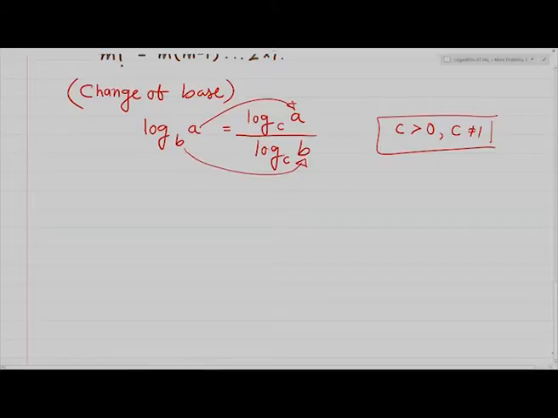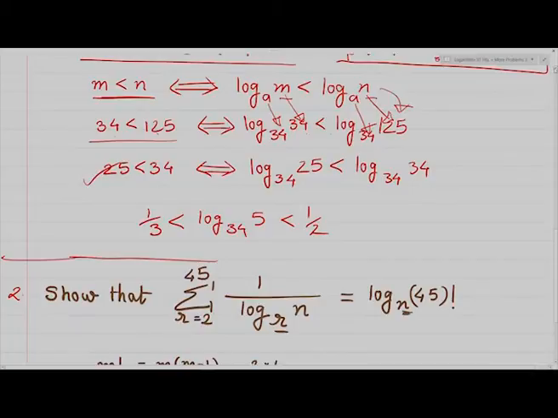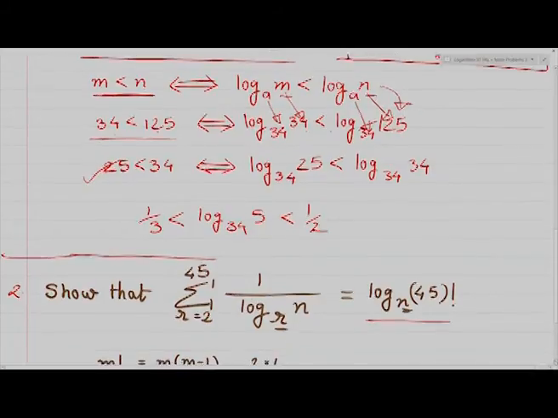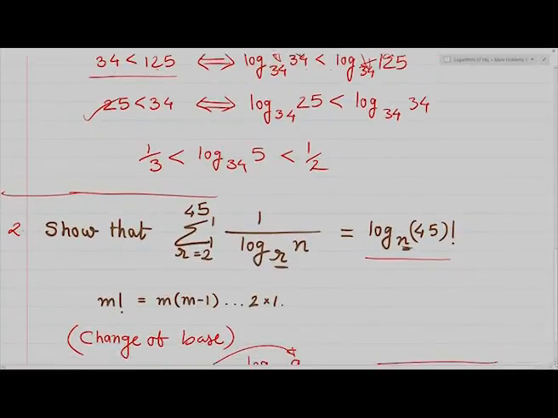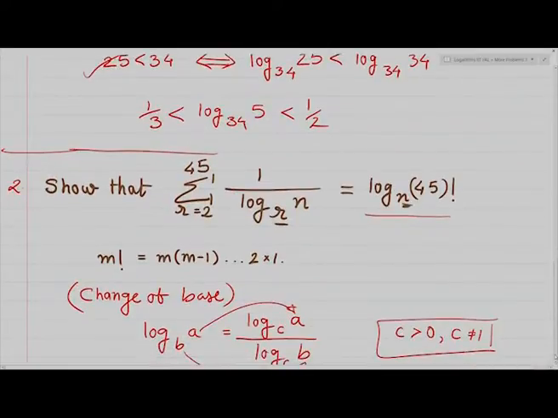Now if I take LHS, the problem is very simple, but you will miss out on some points. So let me start with RHS and let me try to simplify the problem. I have RHS, which is log of 45 factorial to the base n.